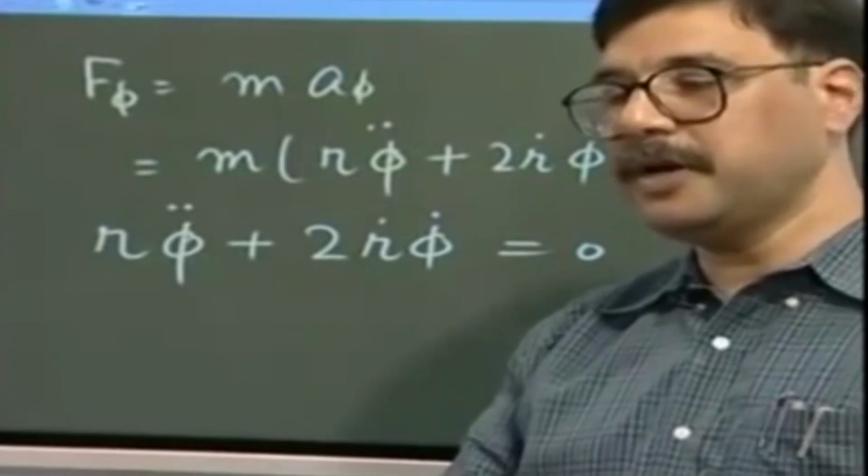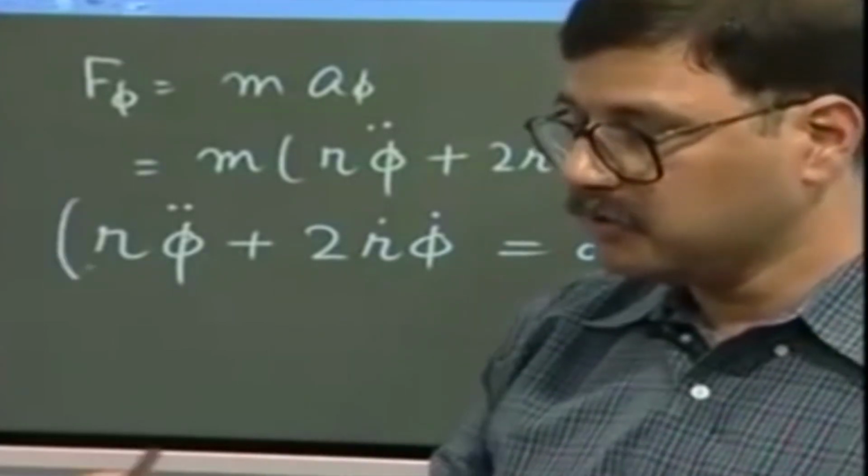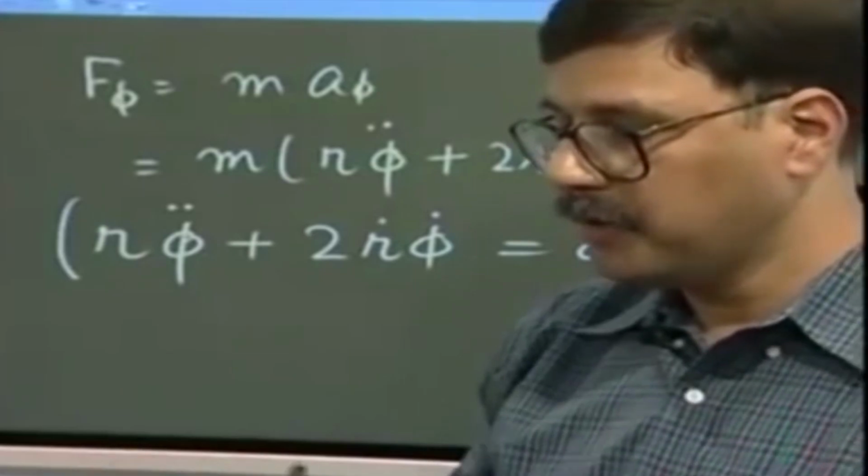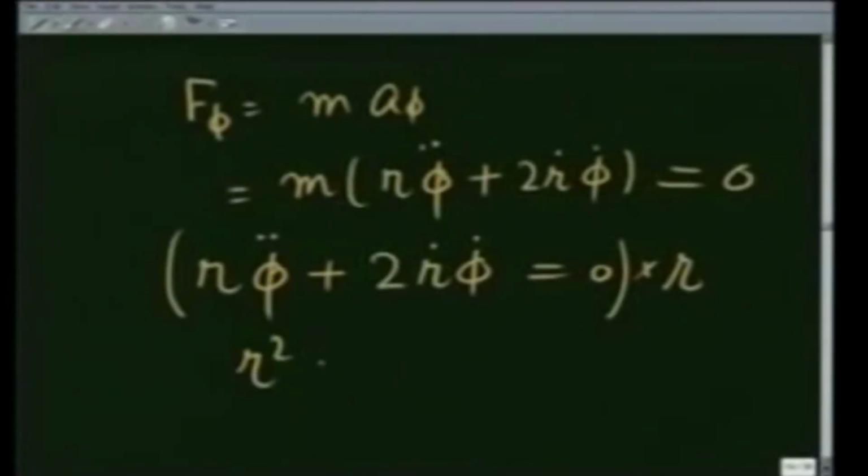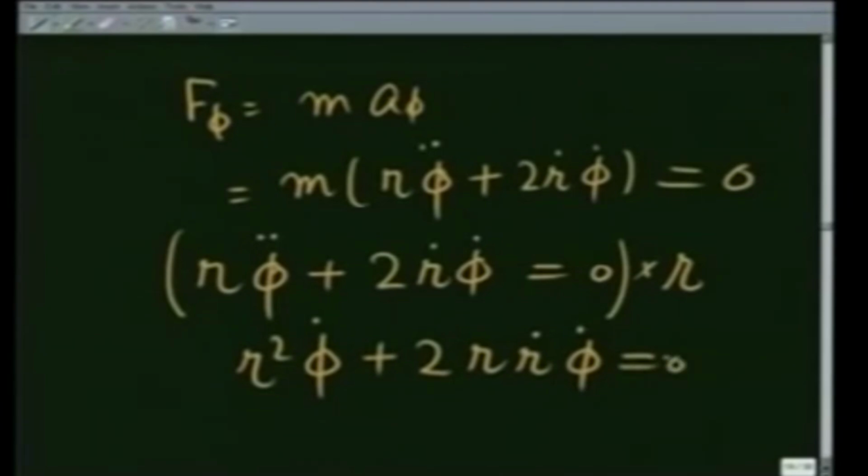I can easily integrate this equation if I multiply this whole thing by r. So that I get r square phi double dot plus 2 r r dot phi dot equal to 0, and you can easily see this is nothing but the derivative of r square phi dot.